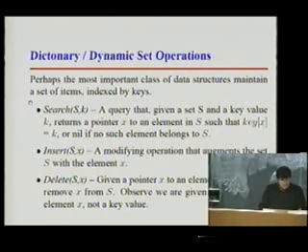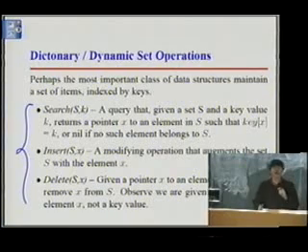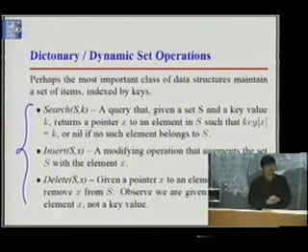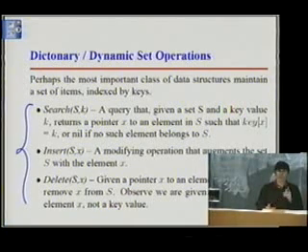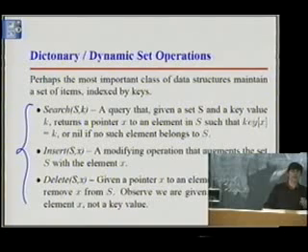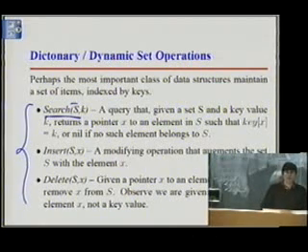I want to carefully review the six elementary operations that we will assume a dictionary data structure supports. Okay, because it's important to get the precise definitions of these things right to understand what we're going to be doing. A search operation takes two arguments. It takes as input a dictionary data structure, that's S, and it takes a key, Skiena, okay?